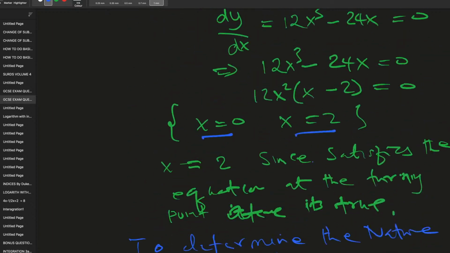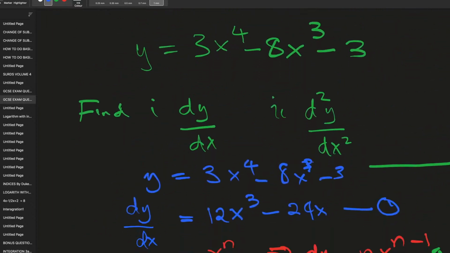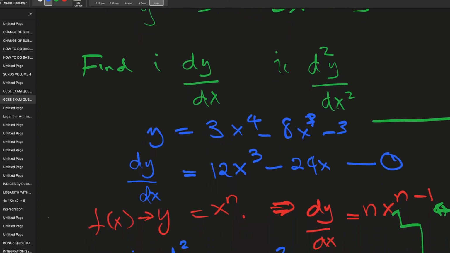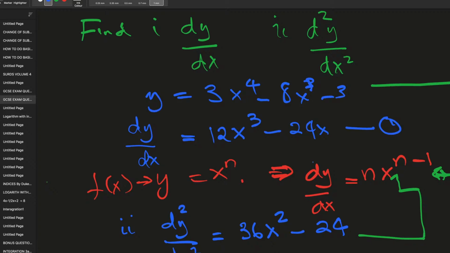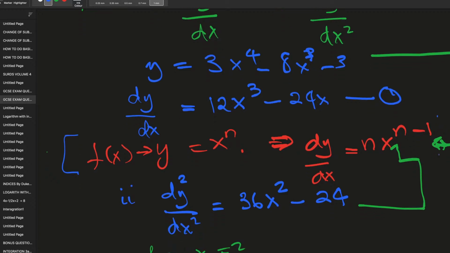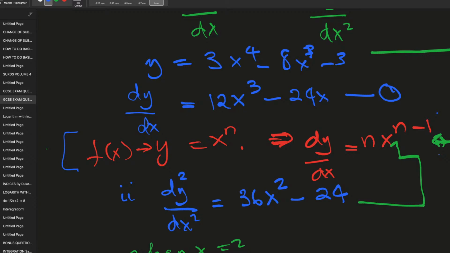So as we can see, the first one, we were asked to find the first derivative, and we have the first derivative equal to 12x cubed minus 24x. Reference is made to the fundamental principles of differentiation, which is what we use to deduce dy/dx. The second derivative, after differentiating the first derivative, was 36x squared minus 24.